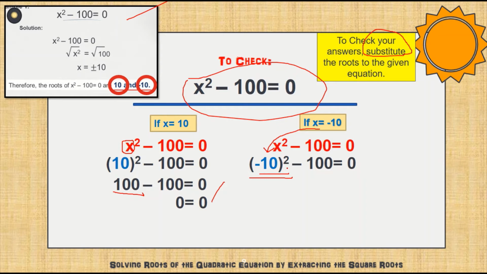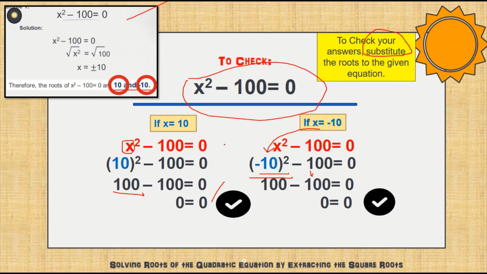That means negative 10 times negative 10 is equal to 100. 100 then minus 100. It is equal to 0. 100 minus 100 is equal to 0. So, therefore, 10 and negative 10 are the roots of the quadratic equation.